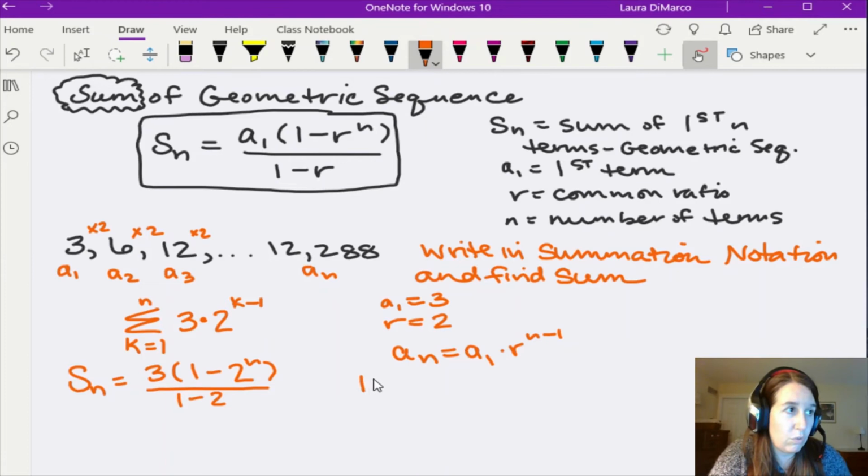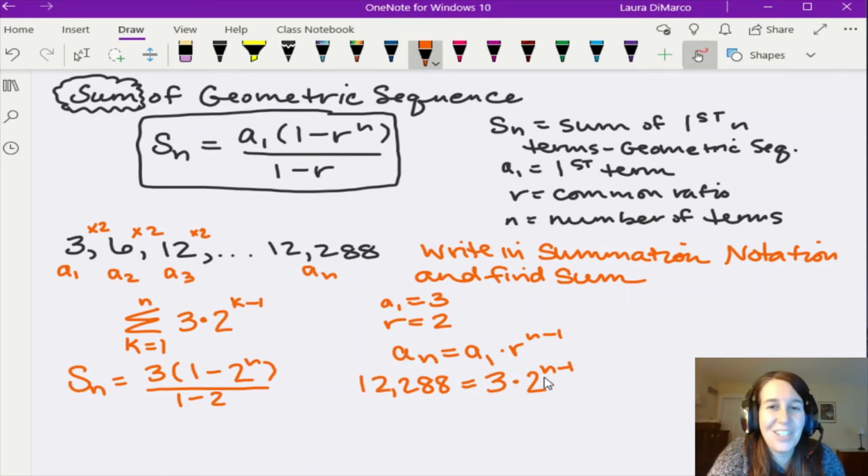So 12,288 is equal to 3, which is a sub 1, times 2 to the n minus 1th power, right? So we really know everything in this equation except n, and we've already learned a way to solve for variables in the exponents. Yay, logs, right? I knew you were wishing logs came back, right? And here they are. So don't panic, it's easy.